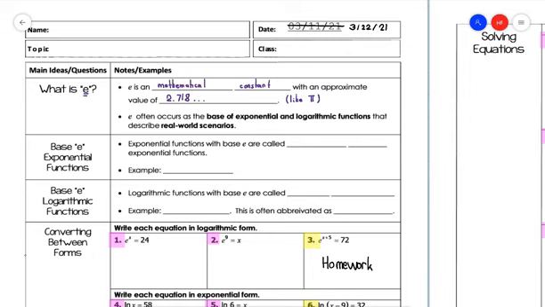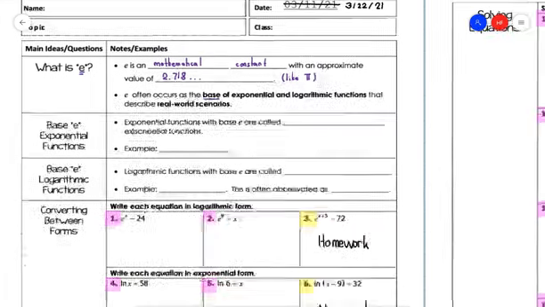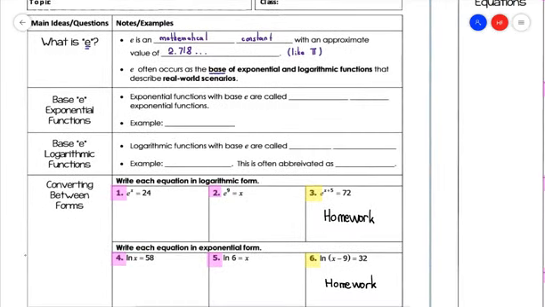So e often occurs as the base of exponential and logarithmic functions, and those are going to be more like our real world scenarios with these natural logs. So the exponential functions with base e are called natural exponential functions.